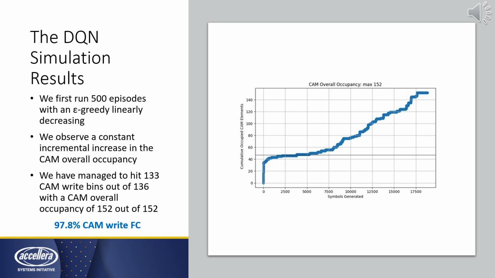In order to hit them, all we need to do is run another set of 500 or maybe more, 750 episodes. And hopefully the functional coverage bins that have been left out can be hit this time, and we can merge both simulations to reach 100% functional coverage.